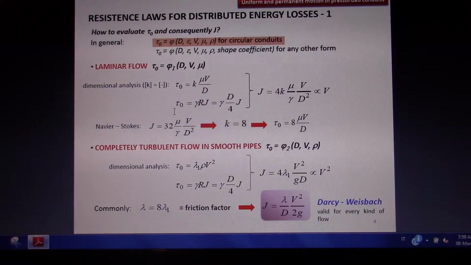If you compare this one with the definition of tangential tension, which is again gamma times R times J, and in the case of a circular pipe R is given by D over 4, as we demonstrated before, you can get exactly this expression for J.